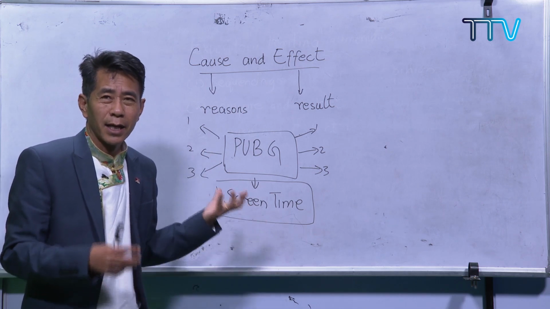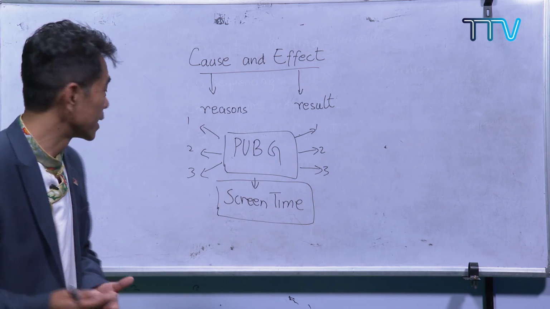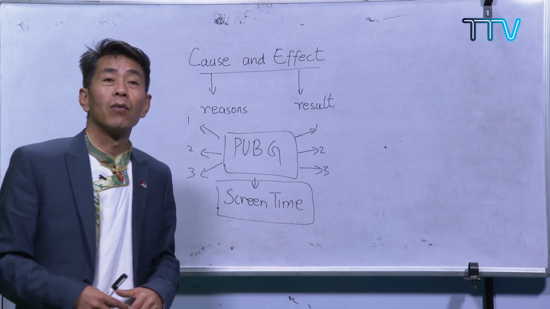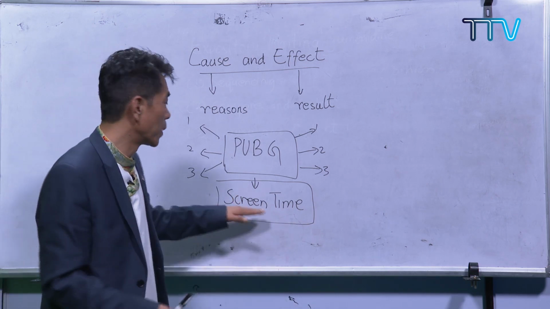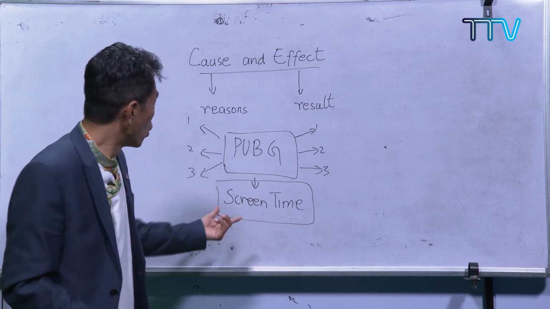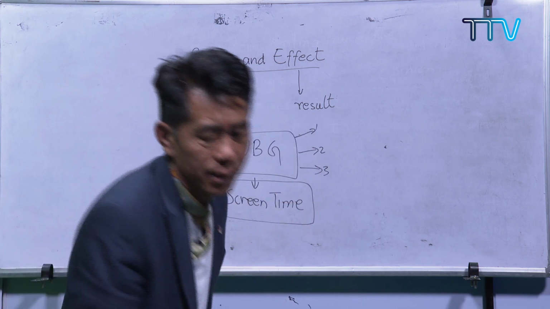It is said that screen time should not be more than 3 hours. But forget about 3 hours. People spend lots and lots of time, which is increasing their screen time. So I want you to look at this slide first.